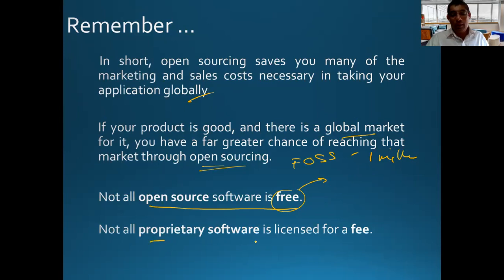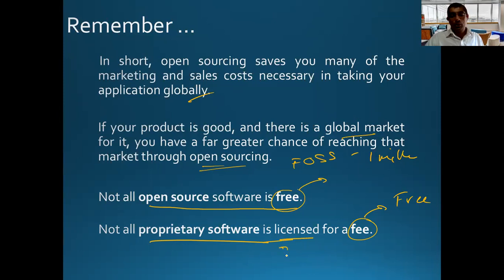And not all proprietary software is licensed for a fee, because some software comes as free. Freeware is one thing, and there is shareware. There are some proprietary software that you are all using, sometimes for free.